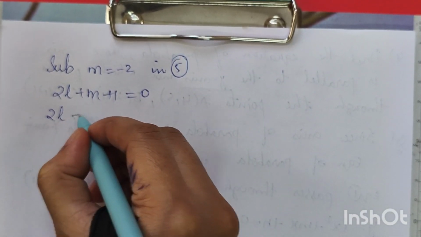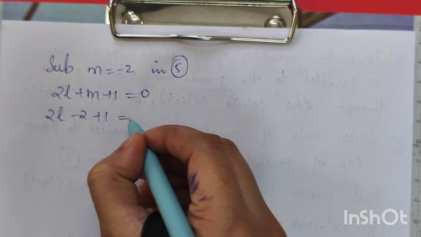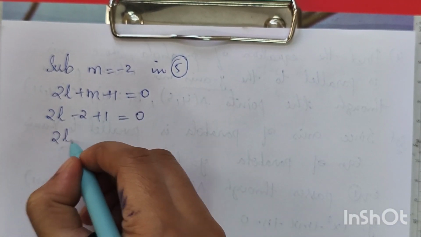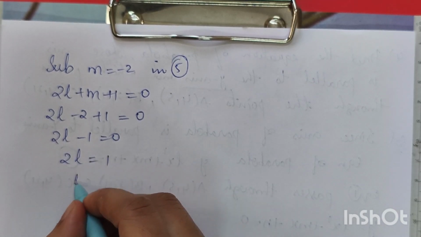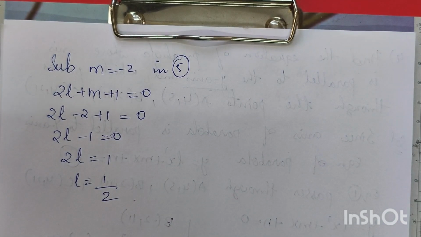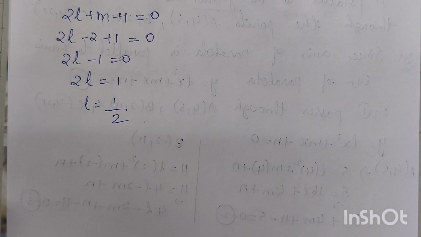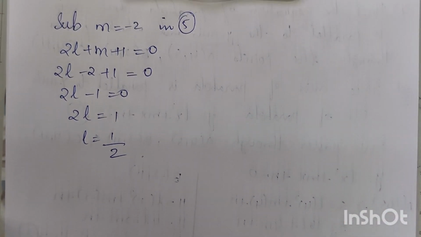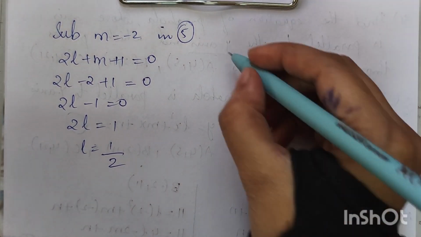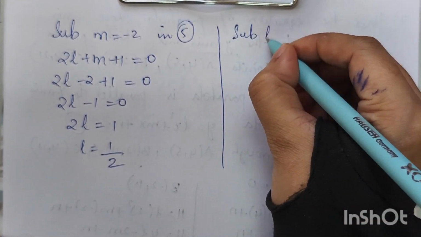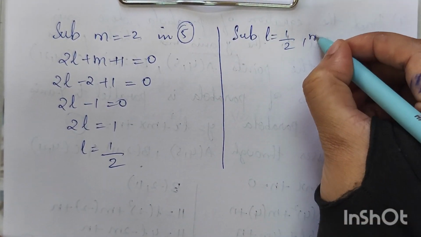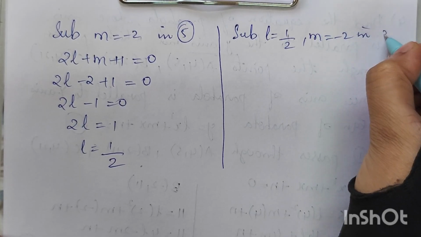So it is 2l minus 2 plus 1 equals 0, which is 2l minus 1 equals 0. 2l equals 1, l equals 1 by 2. Now we got the values of m and l. Now we can substitute l equal to 1 by 2, m equal to minus 2 in equation 3.